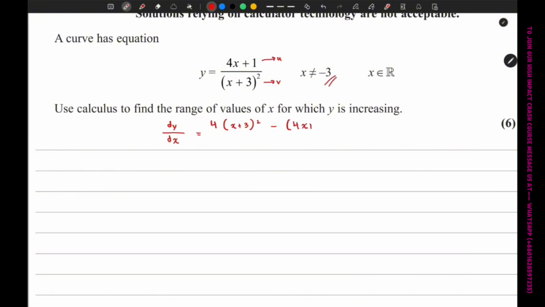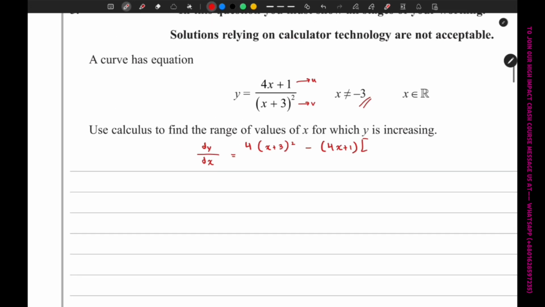So u is 4x plus 1, and dv by dx will give us, so if we have something which looks like this, f(x) to the power n, if we differentiate this, this will give us n f prime x times f(x) to the power n minus 1.